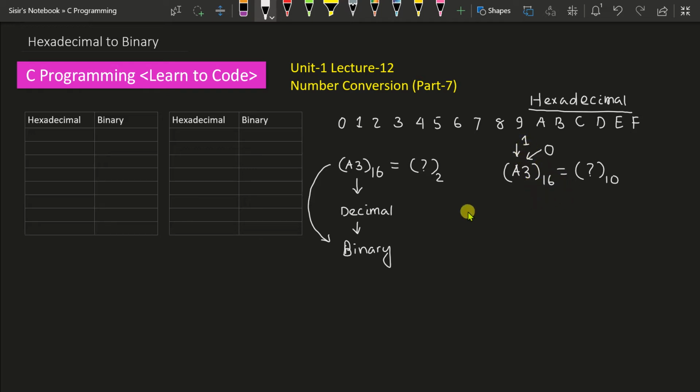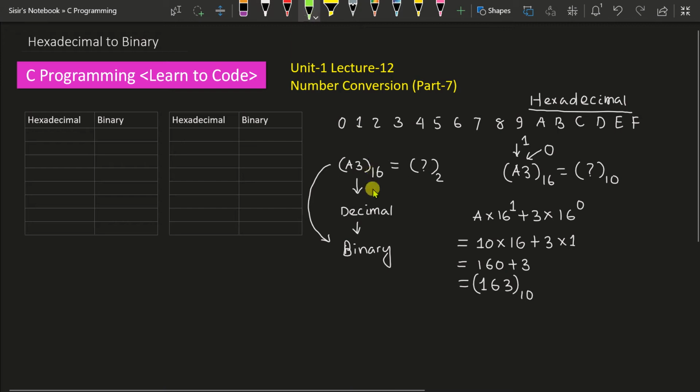Now I write A into 16 to the power 1 plus 3 into 16 to the power 0. A becomes 10, and 16 to the power 1 is 16, and 16 to the power 0 is 1. So 16 into 10 becomes 160, and 3 into 1 is 3. In total, 163 is the decimal equivalent of this hexadecimal number A3.